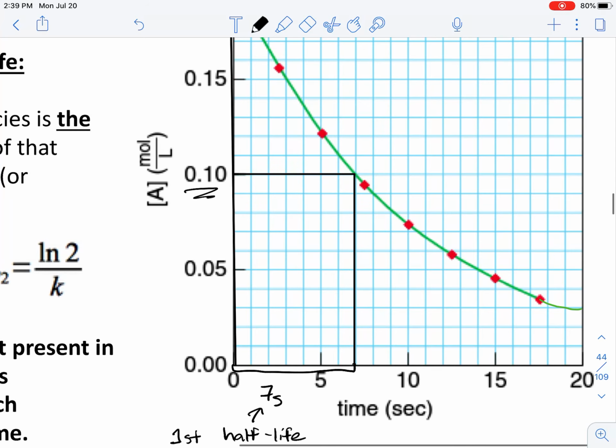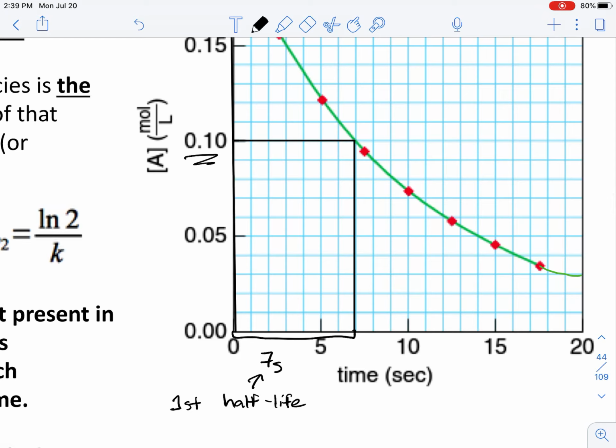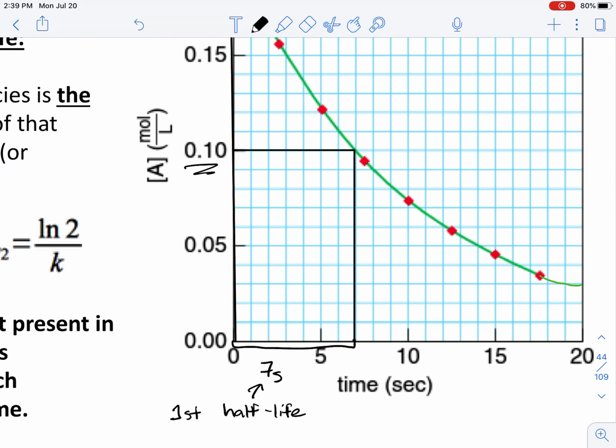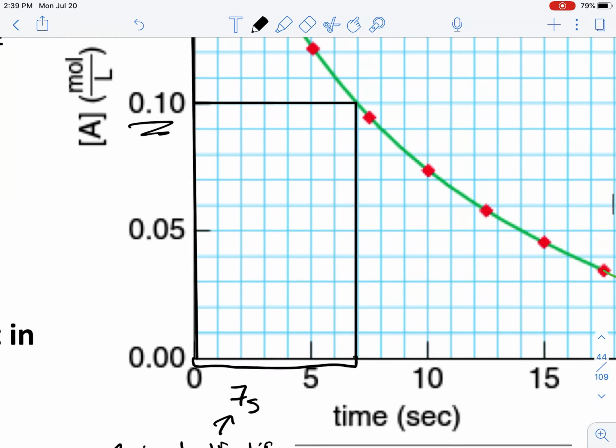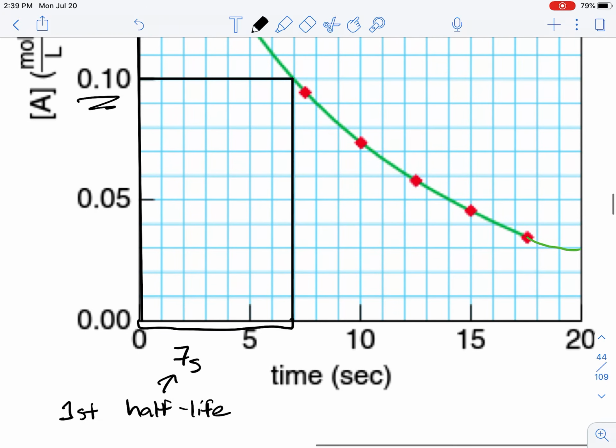Now, it's great that we're able to determine the first half-life, or the time it takes for the initial concentration to reach half of its initial value. But for us to better understand this characteristic of half-lives with respect to first-order kinetics, we need to look at consecutive half-lives. The second half-life is going to start at 0.10, and once again we're going to take half of this value, which is going to be 0.05.